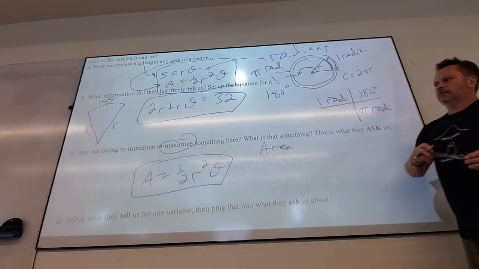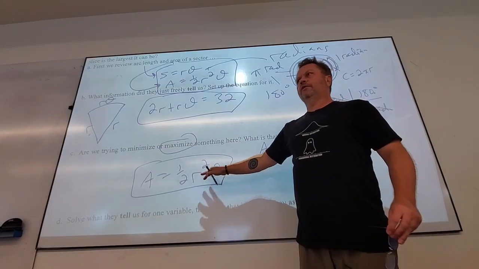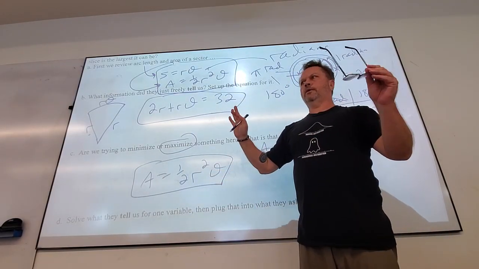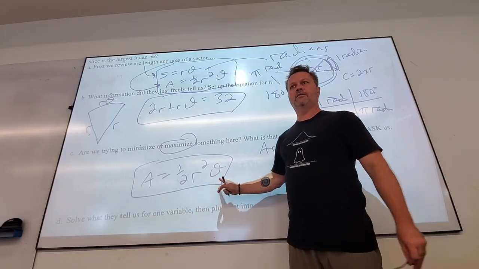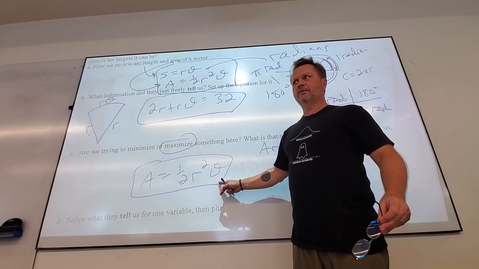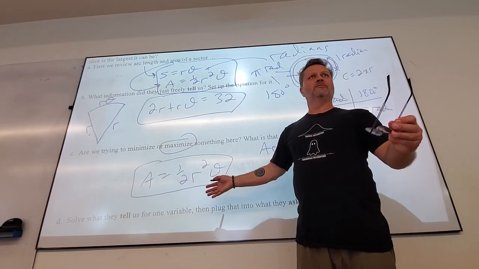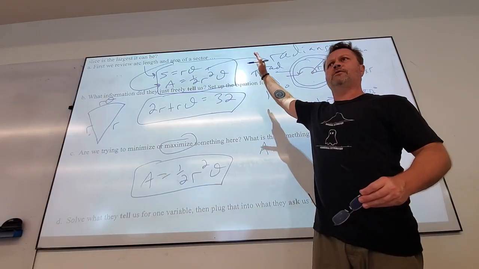Now, if you just look at this formula, does it feel like r and theta can be whatever they want to be? Could I make r 9 and theta 111.3? I could do that, correct? But in this problem, does that jibe with the rest of the problem?